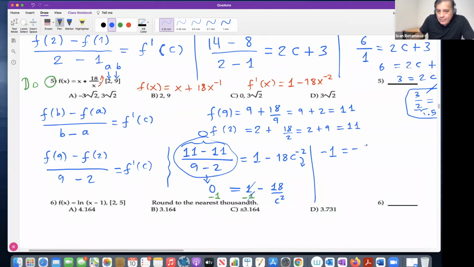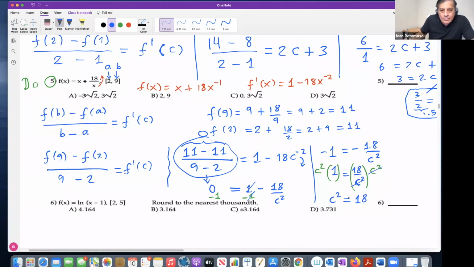So I'm going to do this. Dividing both sides by -1, I get this. Multiplying both sides of this equation by c squared, I get the following. C squared times 1 is c squared. And here, after canceling these two, 18, right?